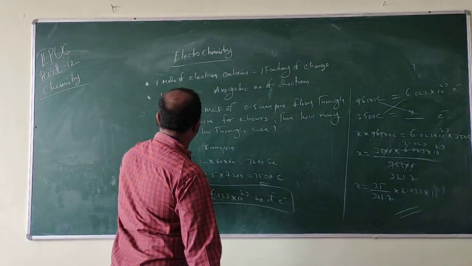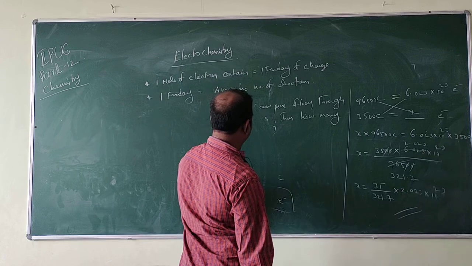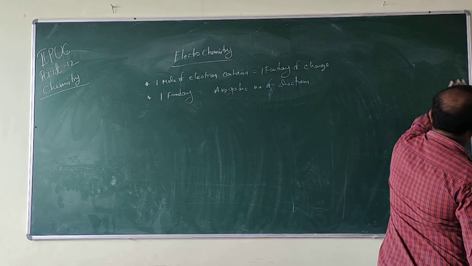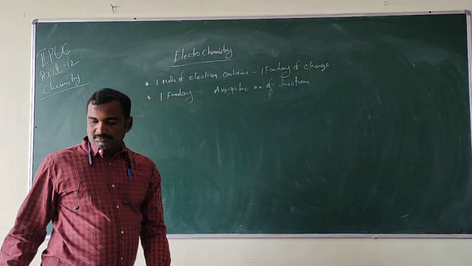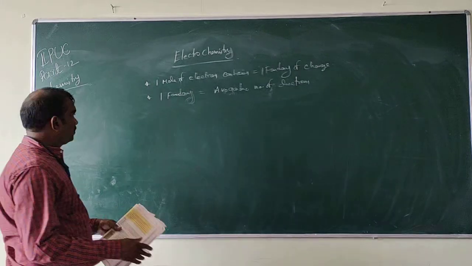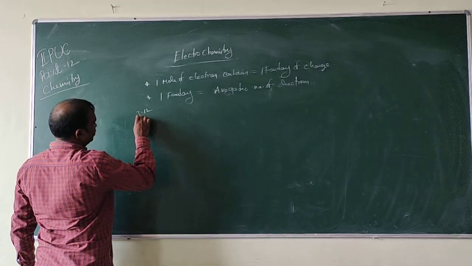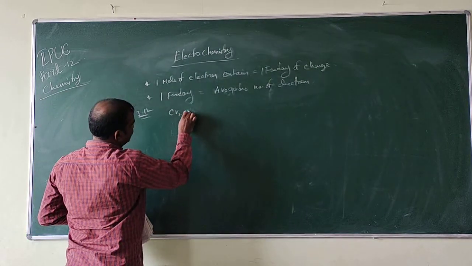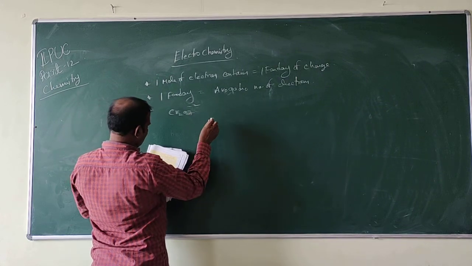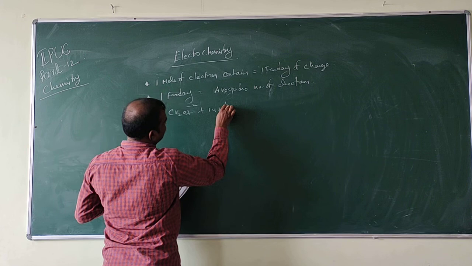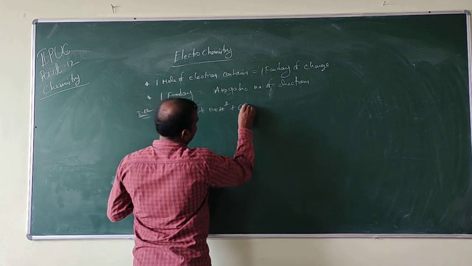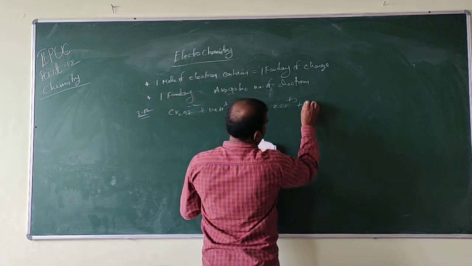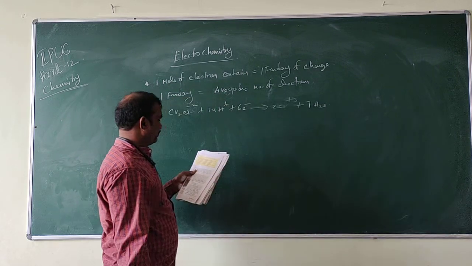Next question. Next, question 3.12 in the textbook. Consider the reaction: Cr2O7 minus 2 plus 14H plus plus 6 electrons gives 2Cr plus 3 plus 7H2O.